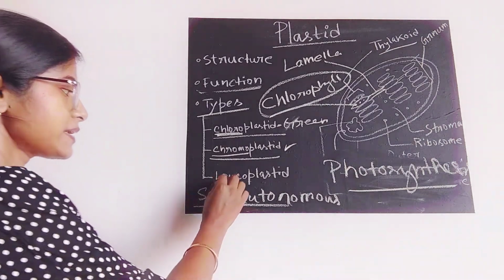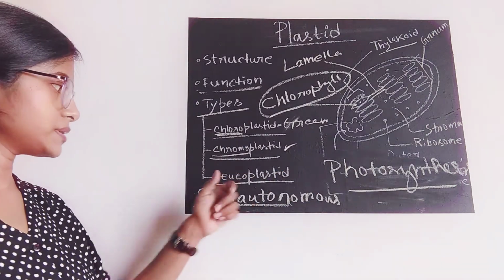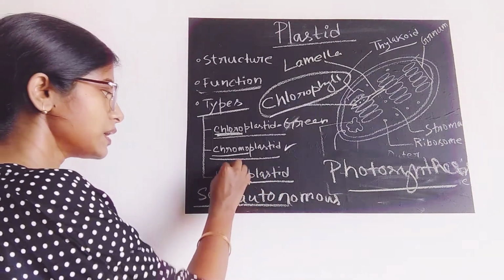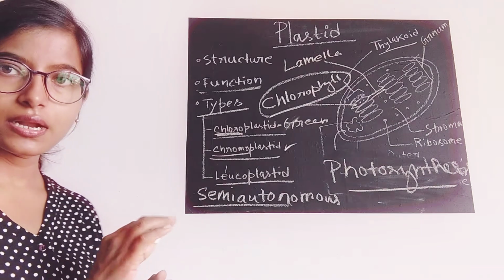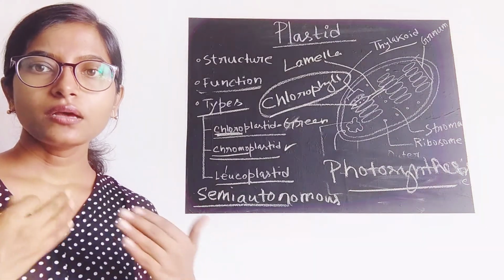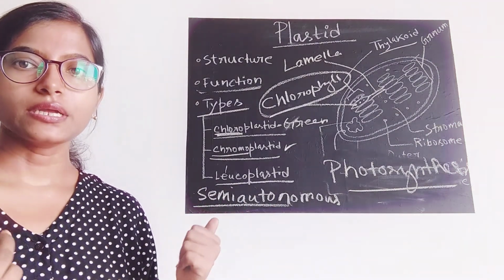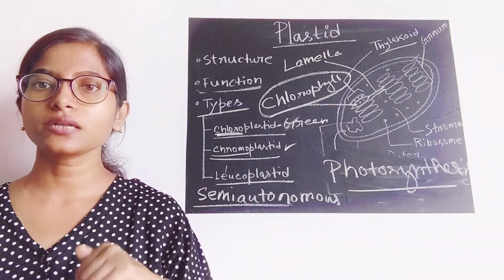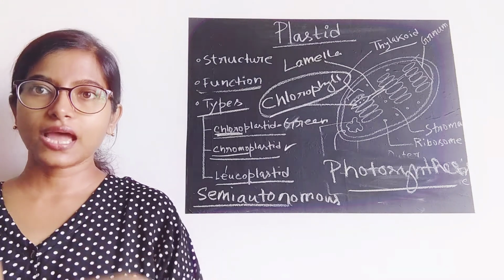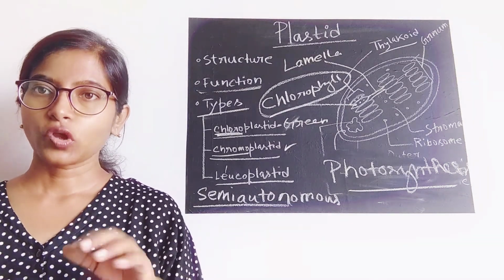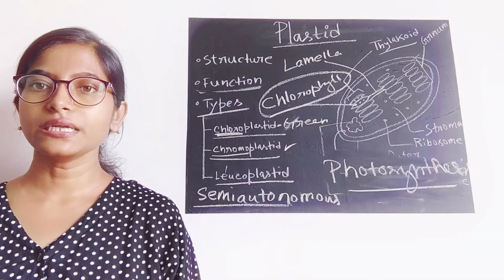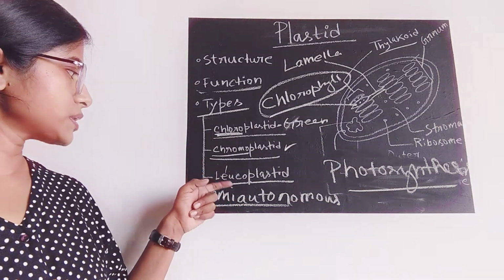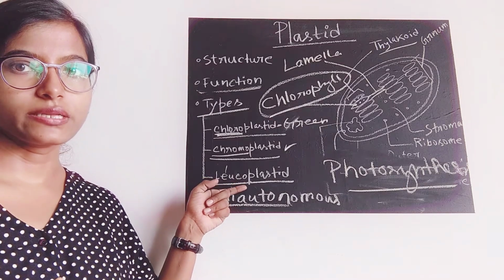Okay. Next is leucoplastid. Leuco means colorless. There is no color, so that is quite a transparent kind of plastid. In some plant parts, like those parts which are present inside the soil or inside the ground, they are colorless, like root. So in those portions, leucoplastid is present.